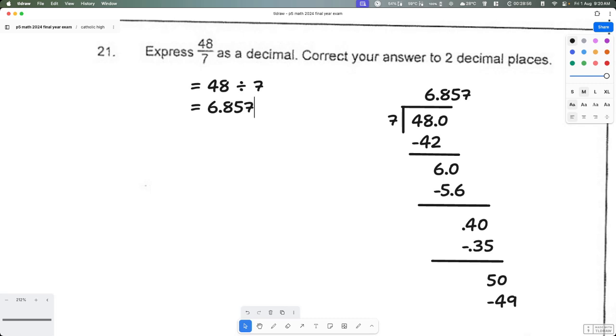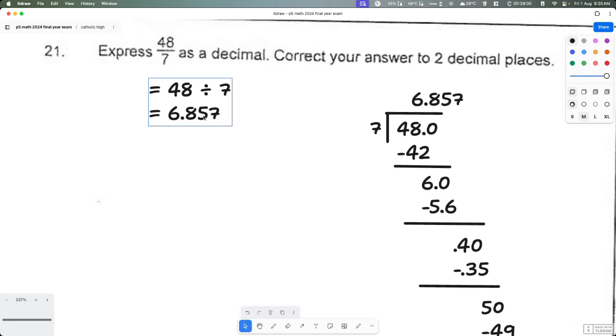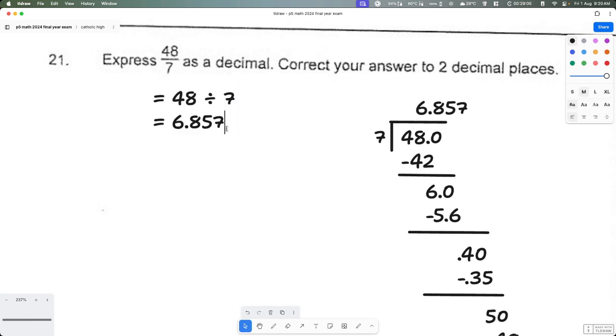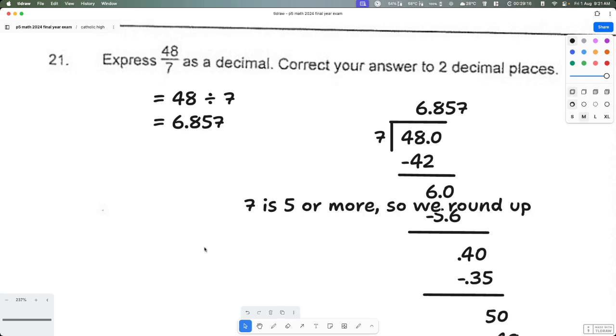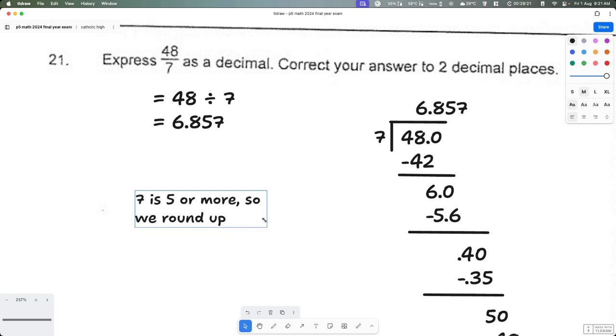And for this it will become 6.857. So now we want to see whether this 7 over here is more than 5, right? So this 7 is more than 5. That means, okay, I'm going to write this out. 7 is 5 or more, so we round up. I'm just going to put this really small, like this.